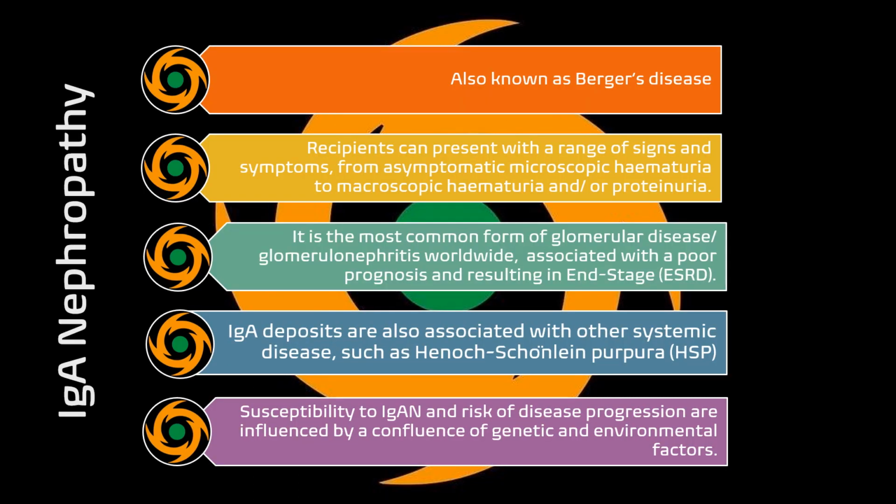So to begin with, IgAN or IgA nephropathy has also been referred to as Berger's disease. Recipients can present with a range of signs and symptoms, from asymptomatic microscopic haematuria to macroscopic haematuria and/or proteinuria.